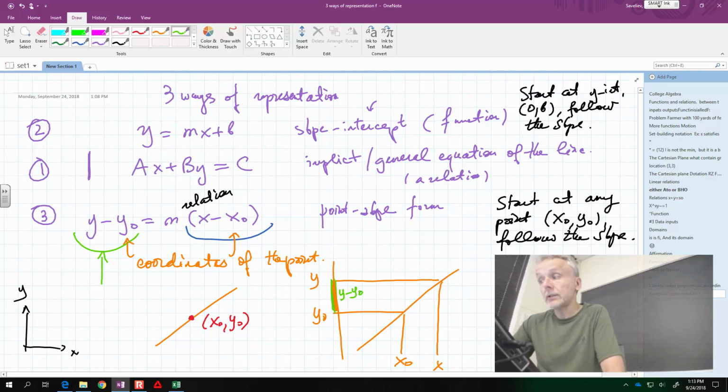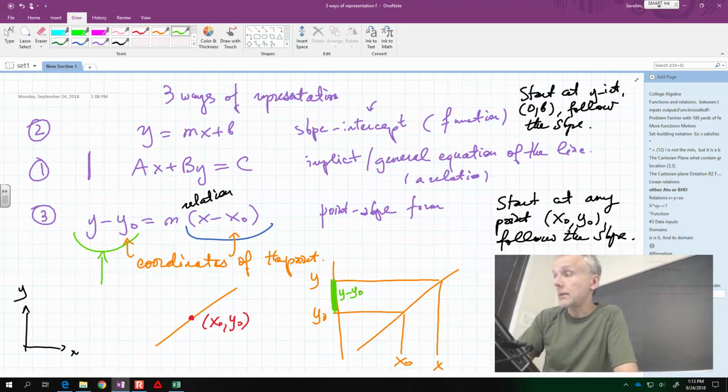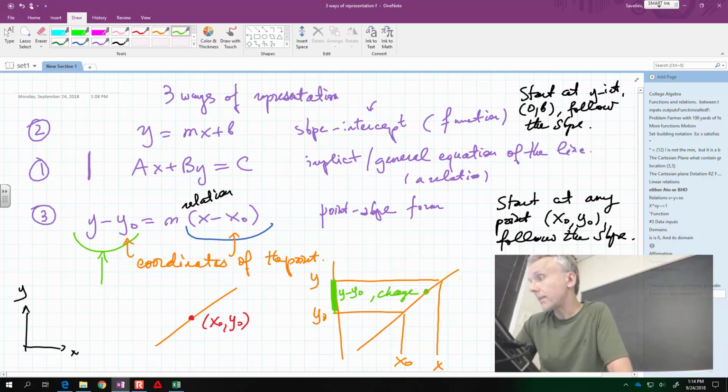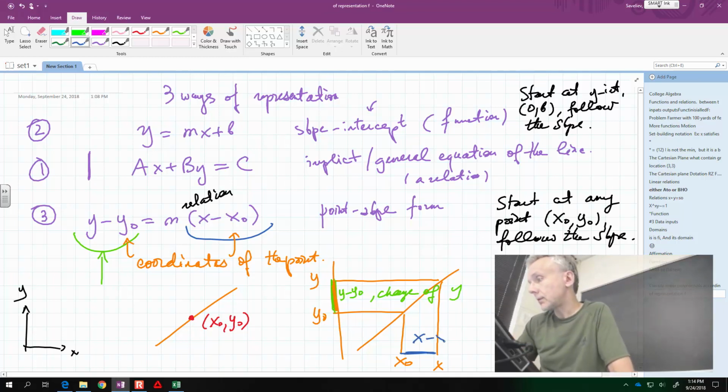Yeah, there is another word for it. It is the change of y, that's right. So I was driving at the other word that we started with. Remember what it's called? It is the change of y. And the other one is the change of x. X minus x naught here, the change of x.